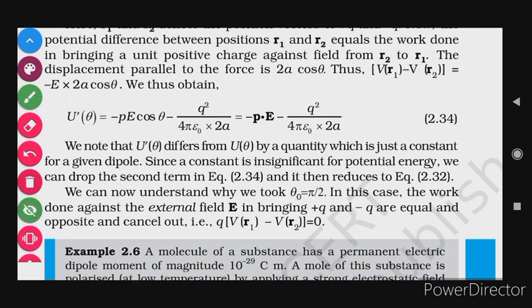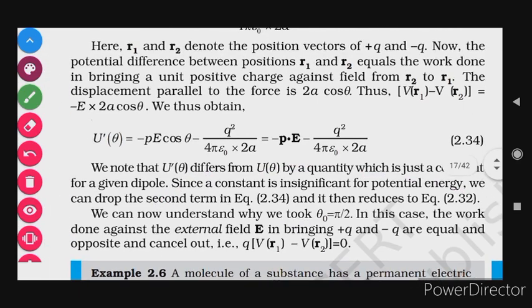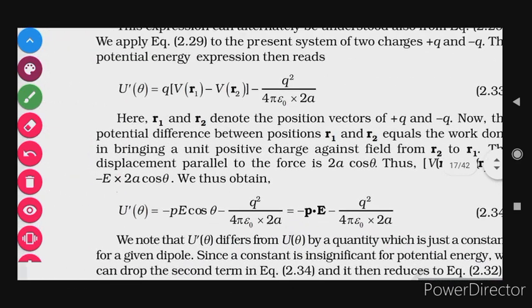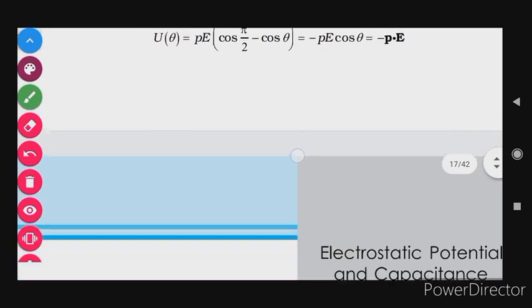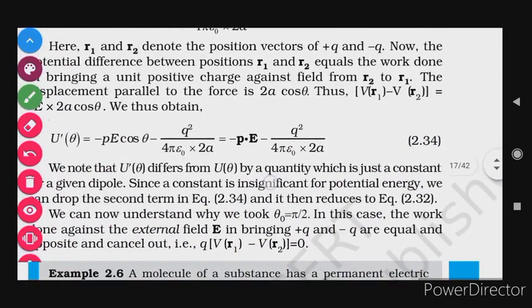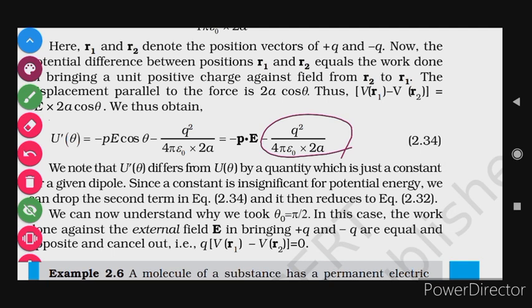We note that U dash theta differs from U theta by a quantity which is just a constant for a given dipole. If you compare these two equations, 2.32 and 2.34, the only difference between them is this quantity. For potential energy, a constant is insignificant because it is added to both orientations. It is like finding the potential energy difference of two points, U1 and U2. Suppose one is 10 and the other is 20.